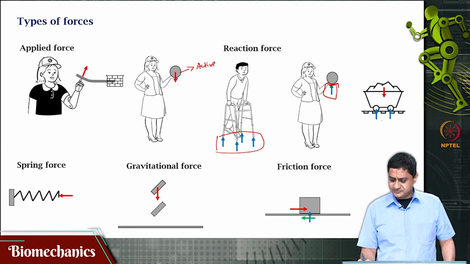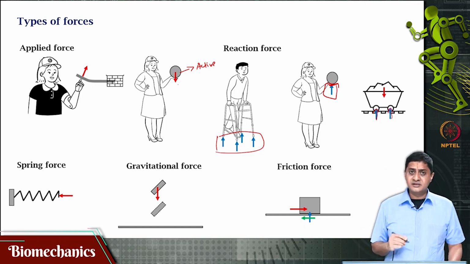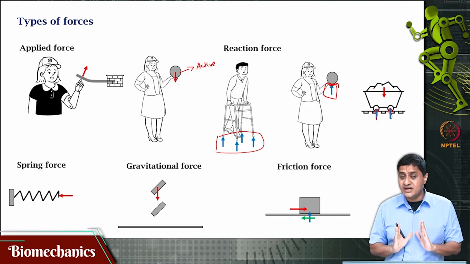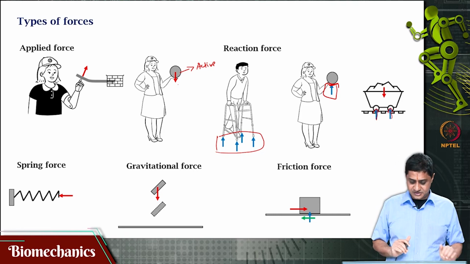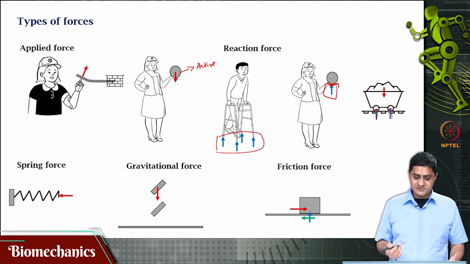Likewise, here is a cart that is moving on a rail. Similarly, there will be some normal reaction force. Critical to note the use of the word normal. That means these forces are only acting normal to that cart, not in any other direction. Then you have force in a spring.